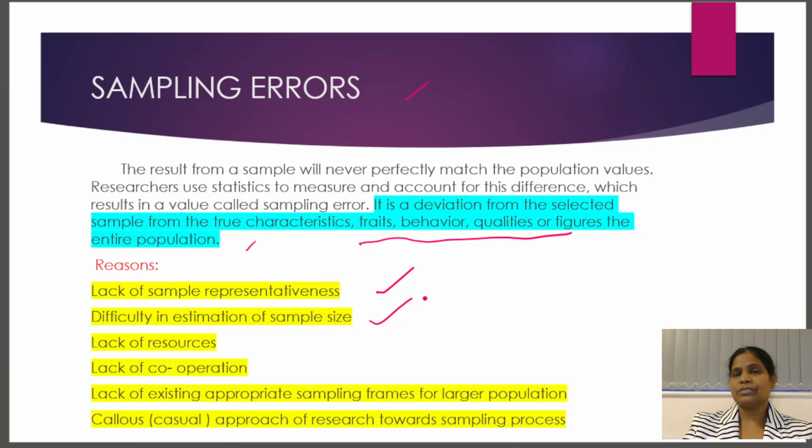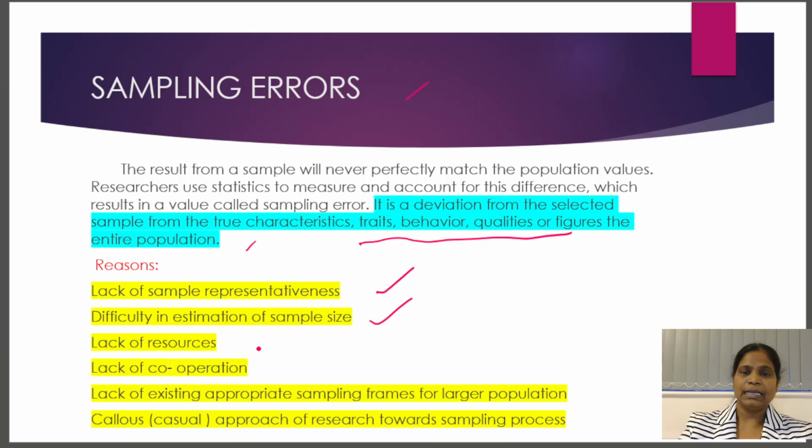And in estimation of sample size, if you want to generalize to the population, then you have to take a sample which can be representative of the population and which can give us a correct result. If you over-represent or under-represent, it leads to sampling bias as well as sampling errors.